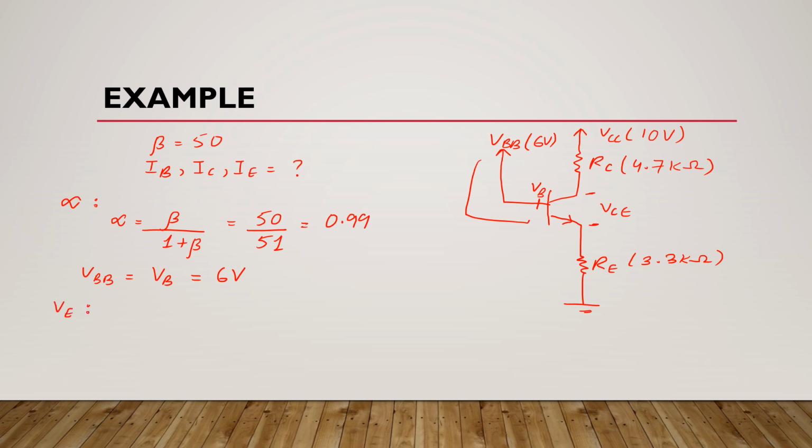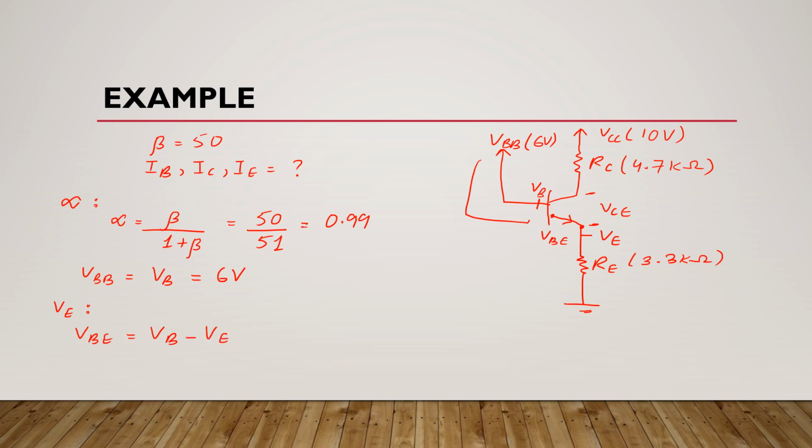We know that VE is the nodal voltage of emitter, and in this emitter base junction, VBE is the voltage drop, and VBE is equal to VB minus VE.